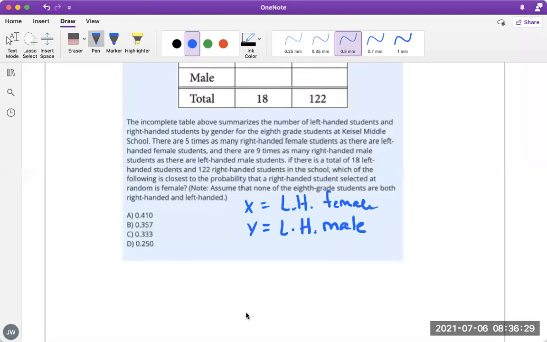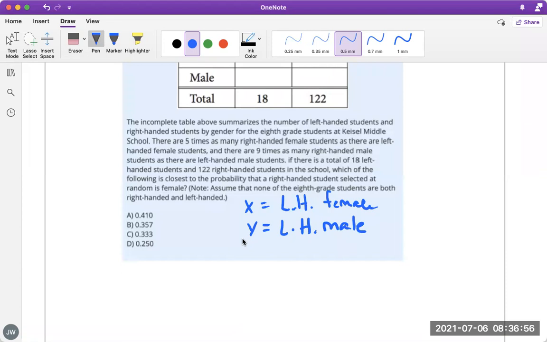All right, now I'm pausing. I'm hoping that you're thinking out loud with me and you're talking back to me, right? So talk back to me. All right, let's see what we have. We're going to use the information given in the problem. The number of right-handed female students will be 5X, and the number of right-handed male students would be 9Y. Now, why is that? Why do we say we're going to let that be compared to the X and Y?